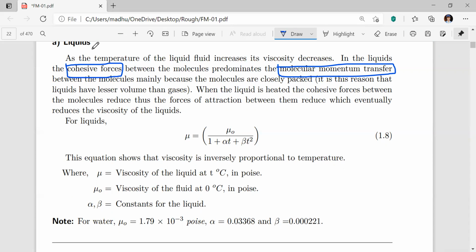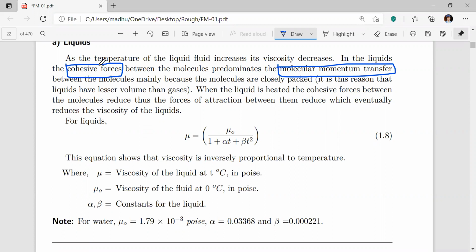One is cohesive force. Cohesive force means the forces which hold all the molecules together. These are the bonding forces. And molecular momentum transfer is a force by means of which the molecules tend to move from one part to another part in the liquid.